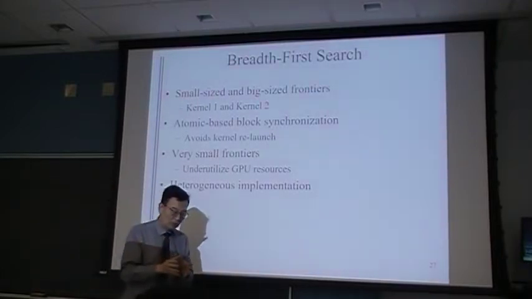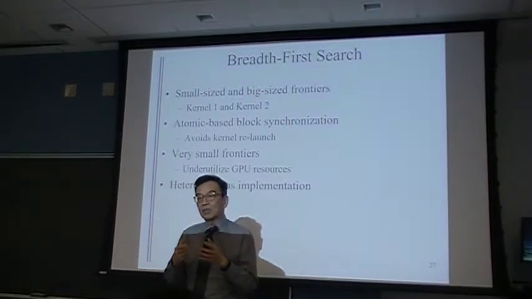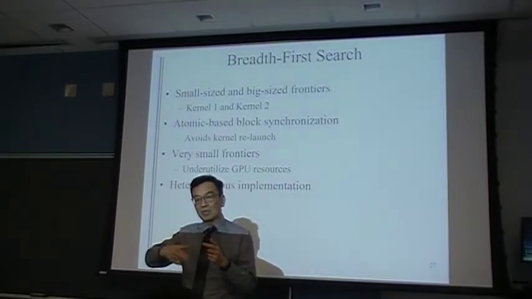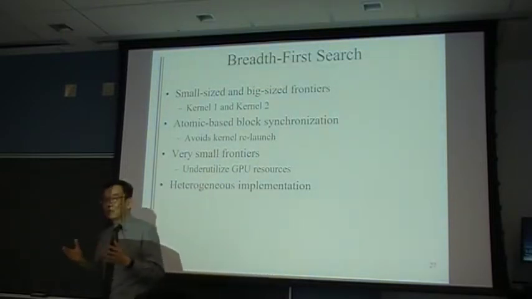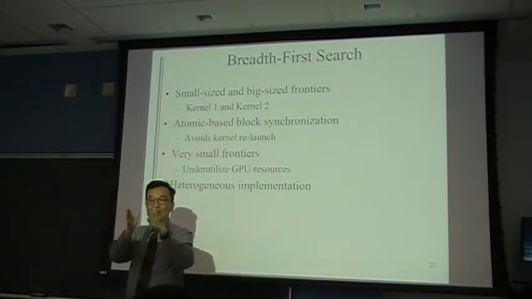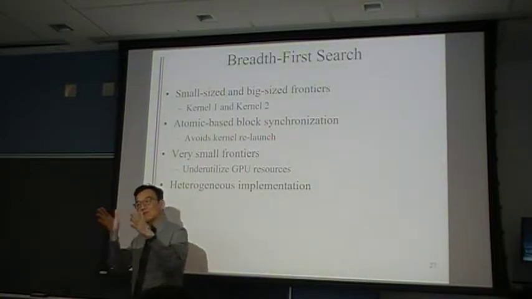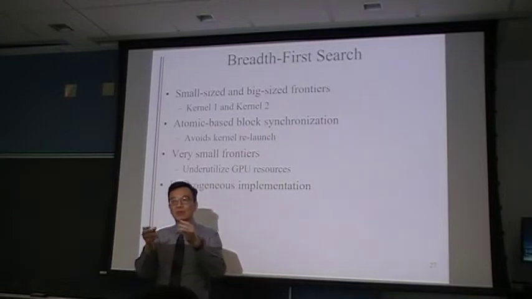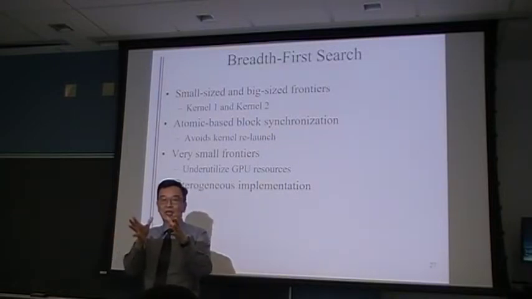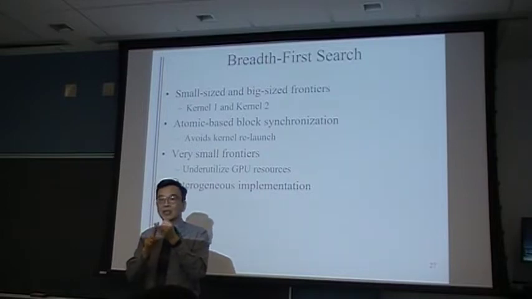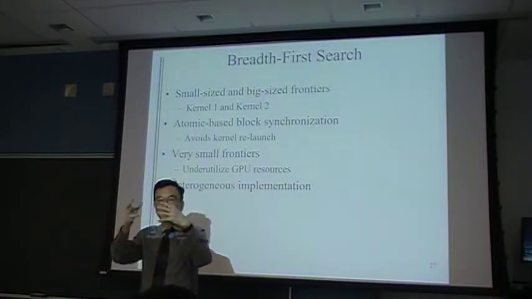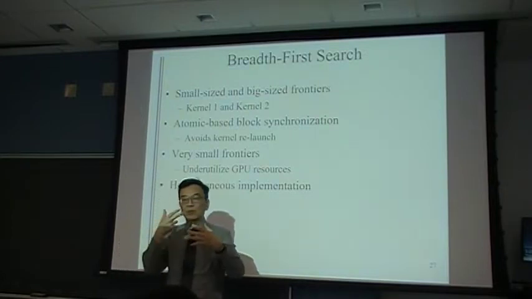The small kernel uses sync threads inside a thread block, because if the frontiers are small enough, all you have to do is use one thread block, and there are enough threads to process the frontier and generate a new frontier. As long as the frontier fits into the shared memory, you should be able to just use one thread block. And since you don't need to read and write from the global memory, and you can use sync threads rather than terminating the kernel and then relaunching the kernel, you should be able to get much better performance, and we're going to see those numbers.